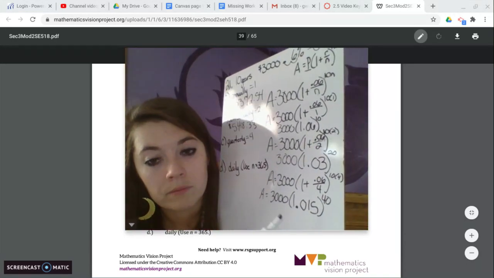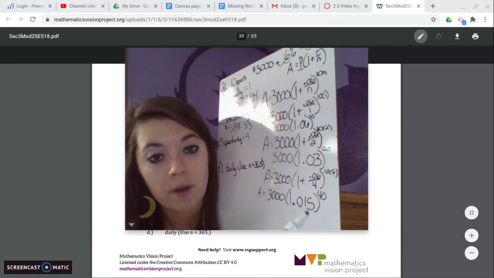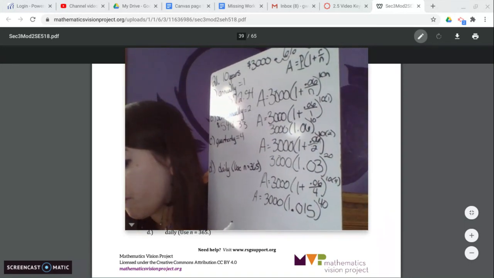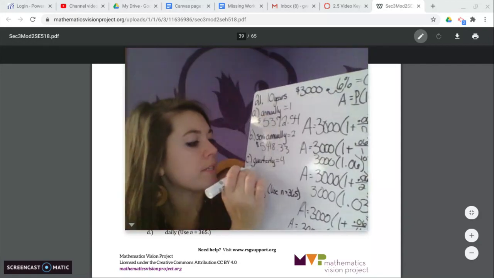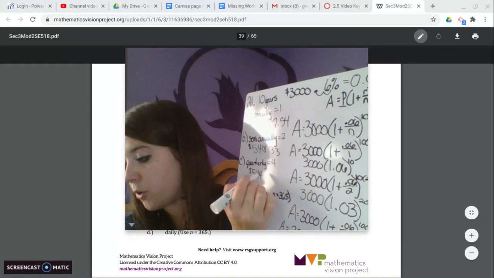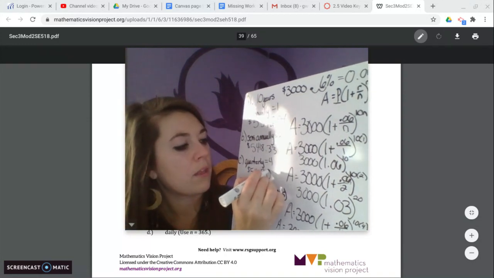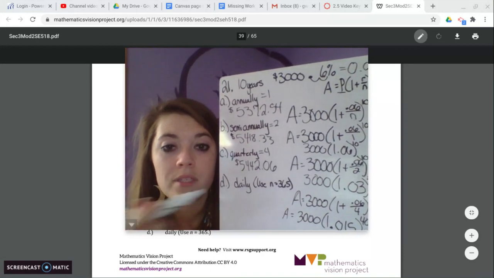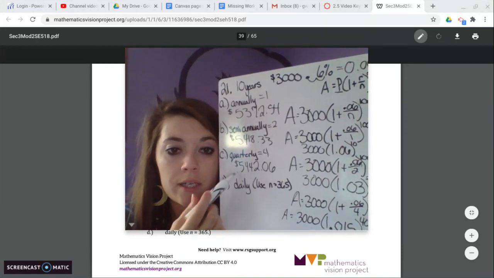So now we take the 1.015 to the 40th power, then we multiply it by 3,000, and we're going to get 5,442.06. So once again, we compounded it more times, we increased how much we earned.